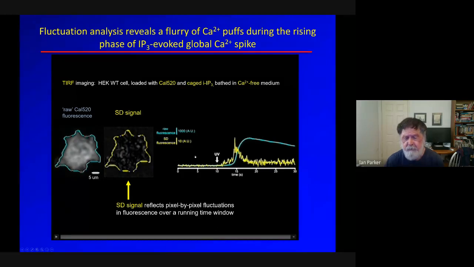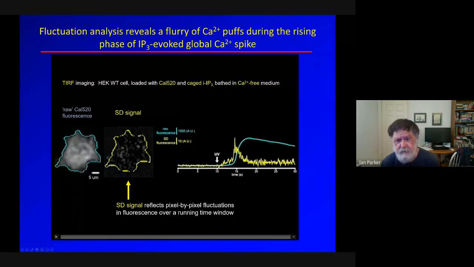And then on the right, this is just showing a plot from these two records. Measurements of the raw fluorescence, that's the cyan trace, and the global measure of the SD signal, by putting a region of interest around the entire cell, looking at an average of all these local fluctuations. So that's the yellow trace. And this is indicating puff activity throughout the cell during this response.